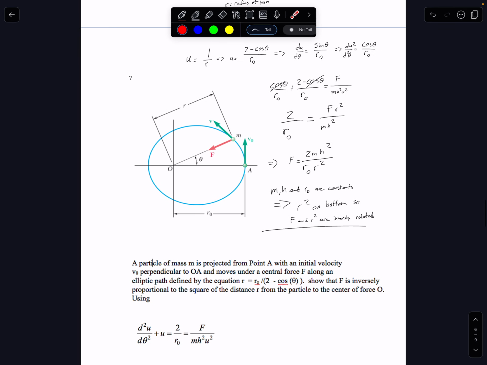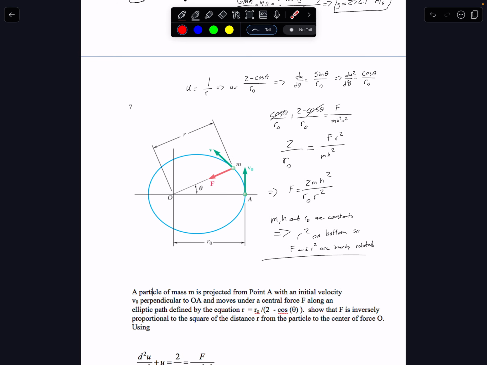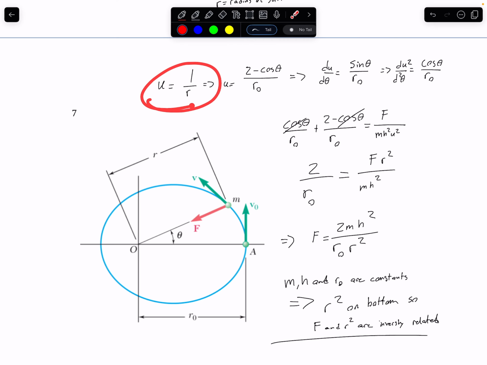Then here, this is kind of just a calculus and algebra problem mixed in. So here we have a given, and we're just trying to say that f is inversely proportional to the square of the distance r from the particle to the center of the force O. So we know that u is equal to 1 over r.